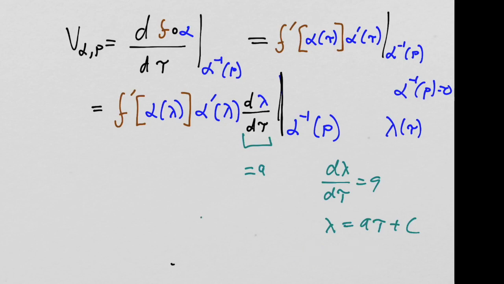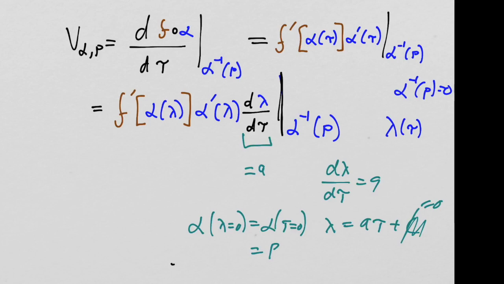I want alpha at lambda equals 0 to equal alpha at tau equals 0, to equal p. Then the only way that works is if c is 0. So we set c equal to 0, which is an arbitrary integration constant.